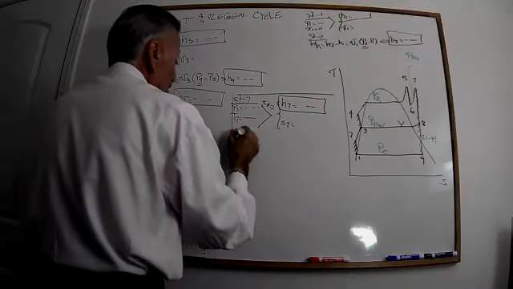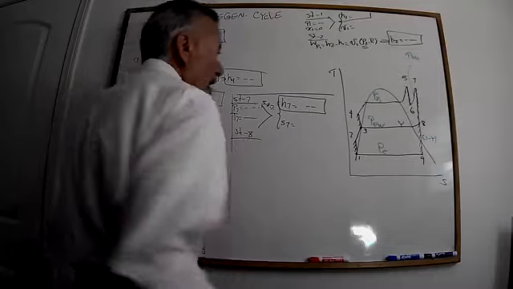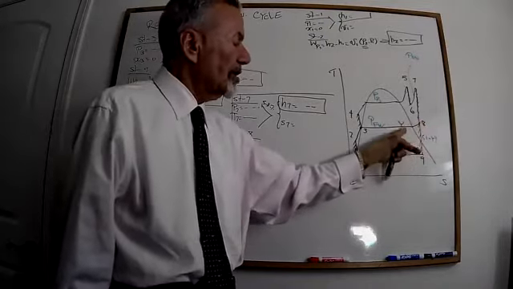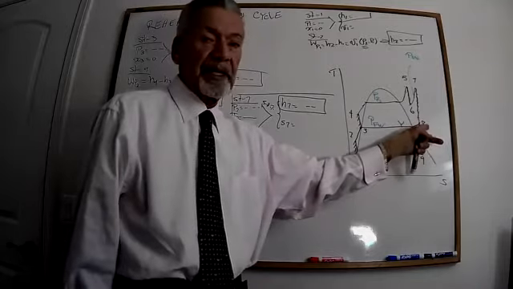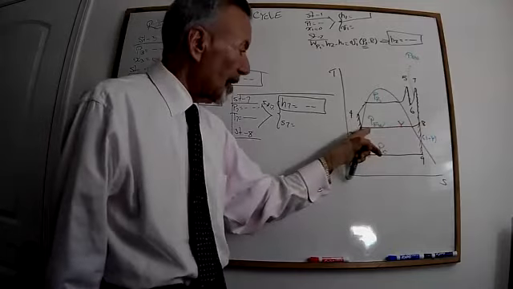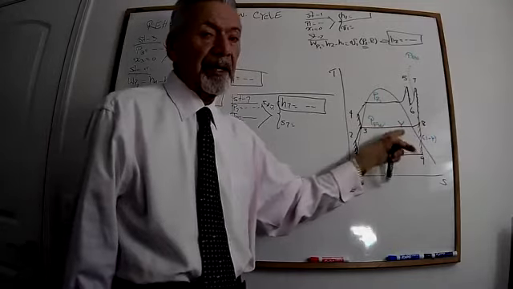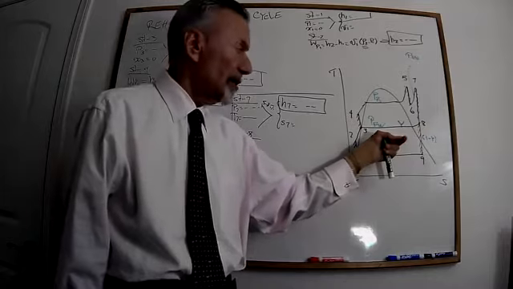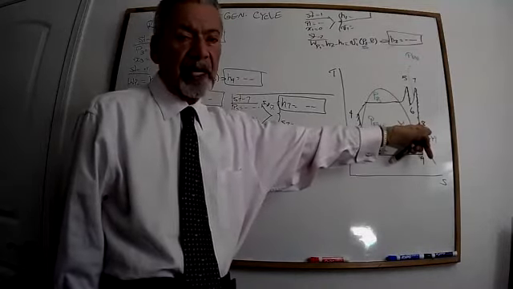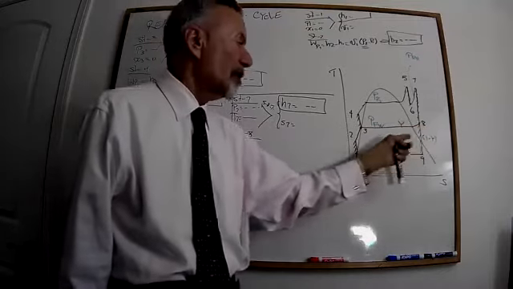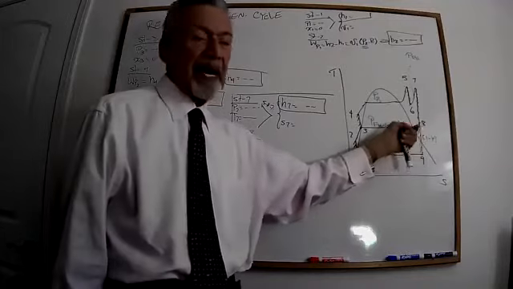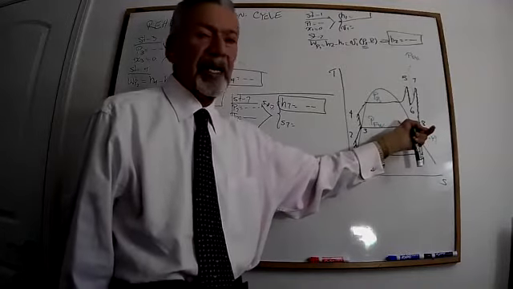Now we come to state 8. Now, we don't know whether state 8 is going to be a mixture or superheated. One thing that we know for sure, if the pressure of a feed water heater is greater than 600 kilopascal, that point is in superheated. Don't waste your time trying to find the quality at 0.8 and then multiply that and then find out H8 that way.